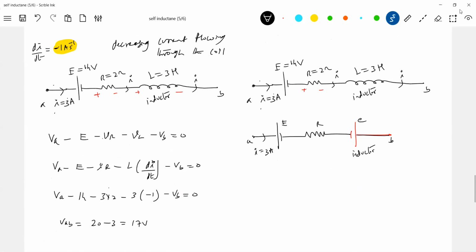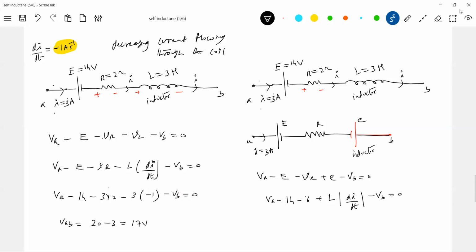This is the inductor. Okay, write the loop equation. VA minus E minus VR, this should be plus E. E is how much? 14. This is 6. What should I write? L mod of di by dt. Why mod?